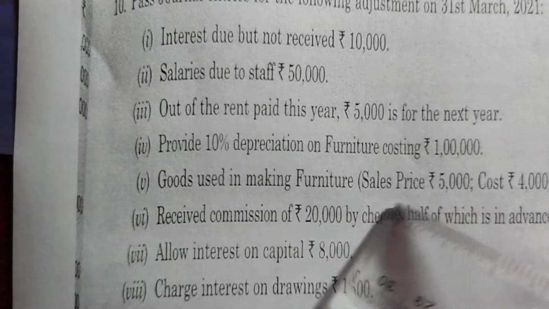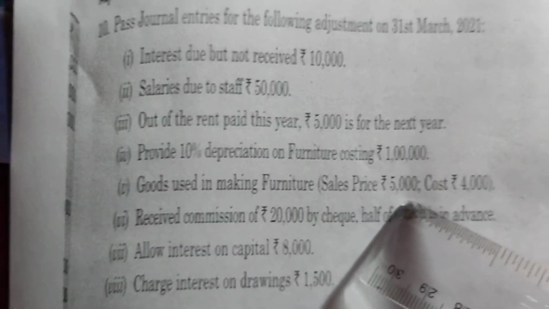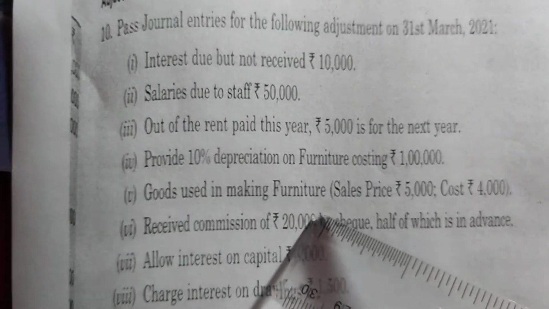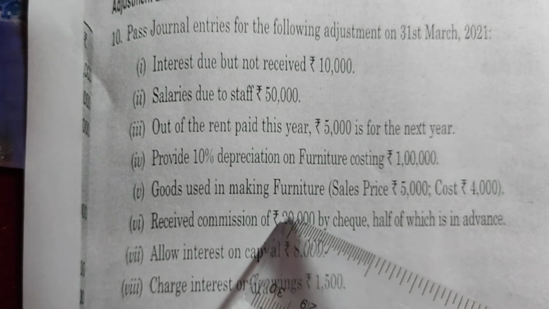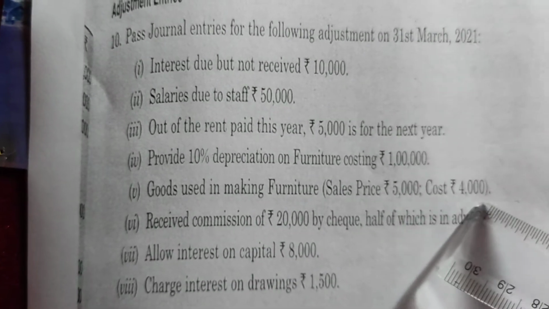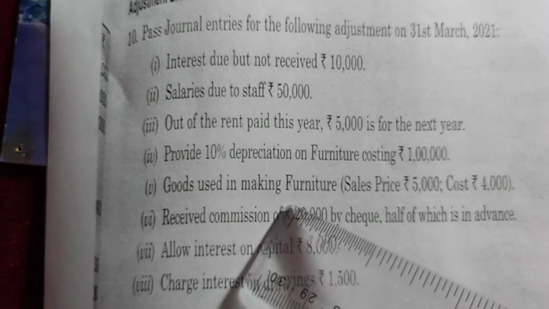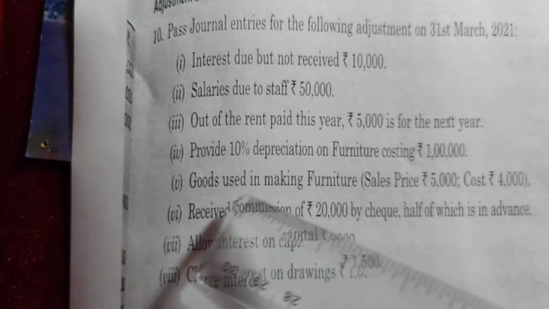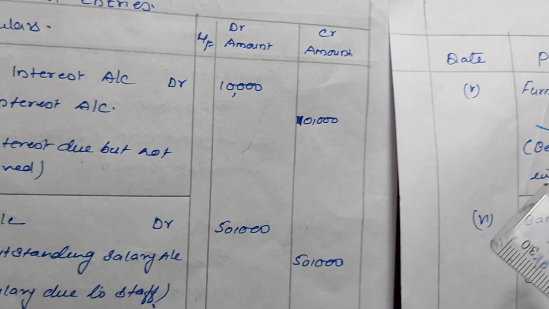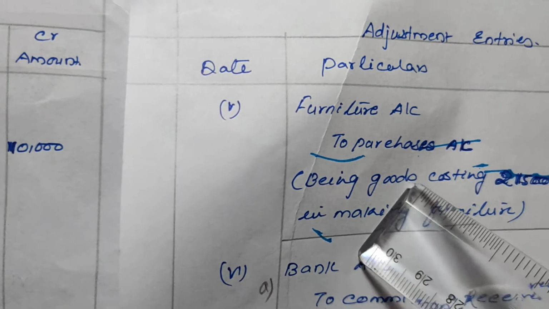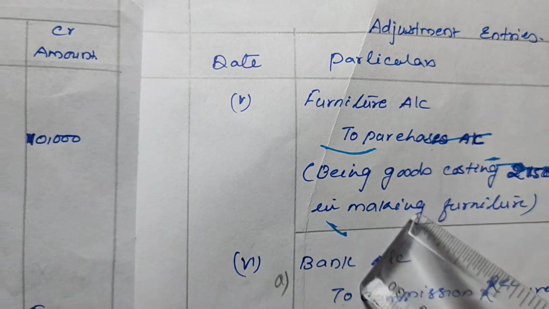Sale value will be taken only at the time of sales. Whenever goods go out of the business other than by sales, it will be considered at cost price. So what will be our journal entry? Furniture account debit to purchases account, and the amount will be 4,000.